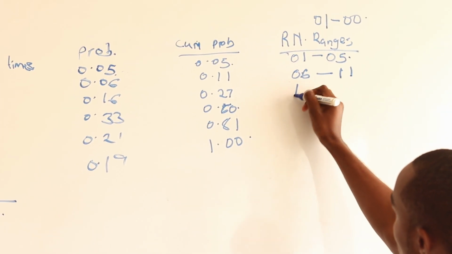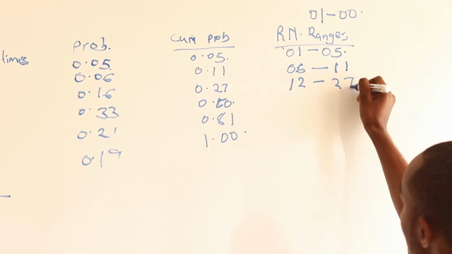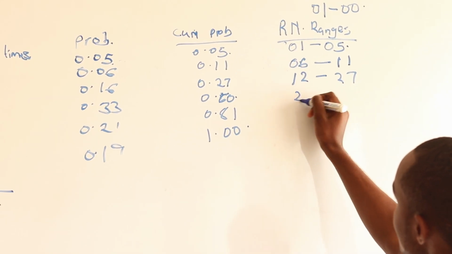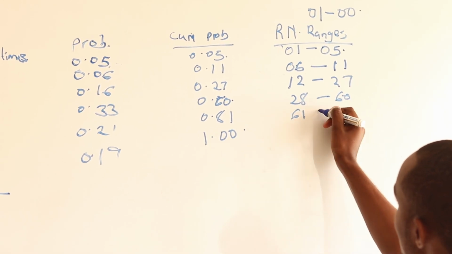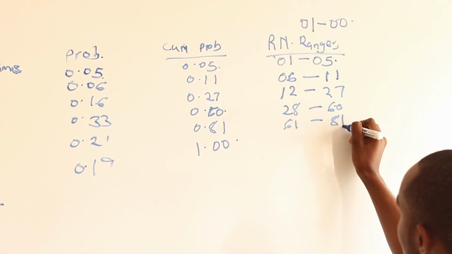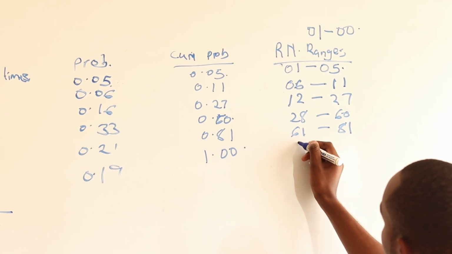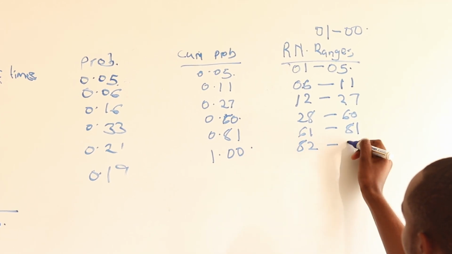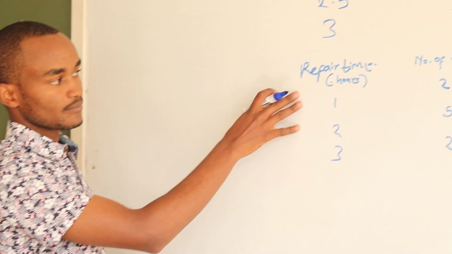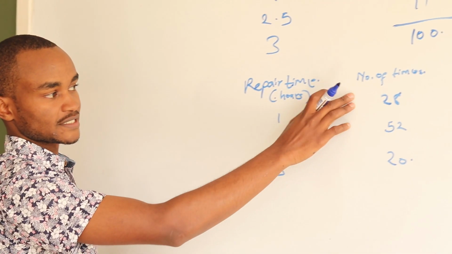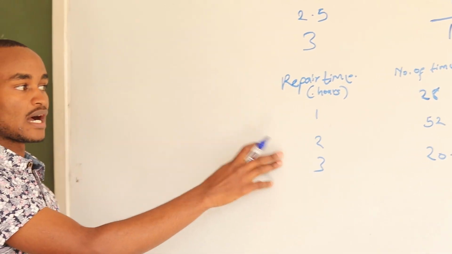The next will be 12 to 27. Then we have 28 to 60. Then 61 to 81. Then we'll have 82 to 00. So this is the repair time hours and the number of times that the repair time hours occurred.